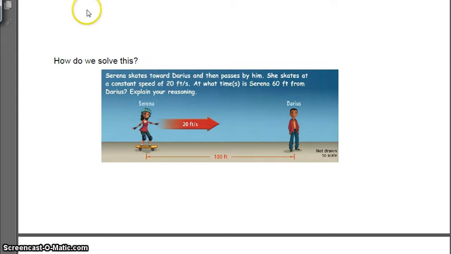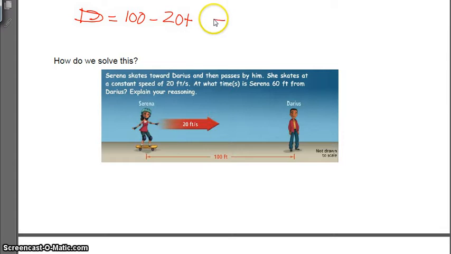Well, right now, her distance is 100 feet. But that's going to be changing by 20 feet every second. So we could say 20 times t for time in seconds. And we want to know at what point she'll be 60 feet from Darius.